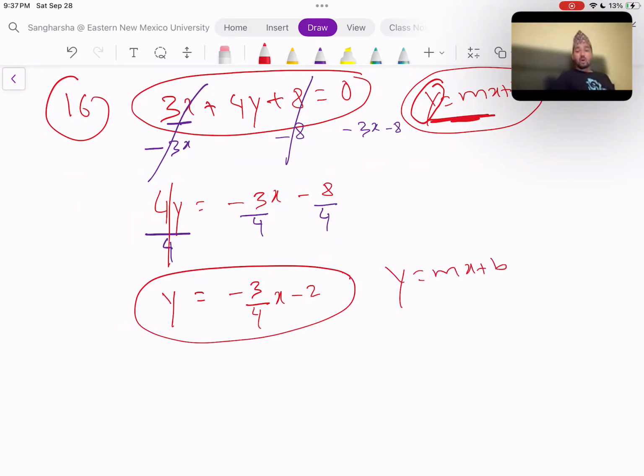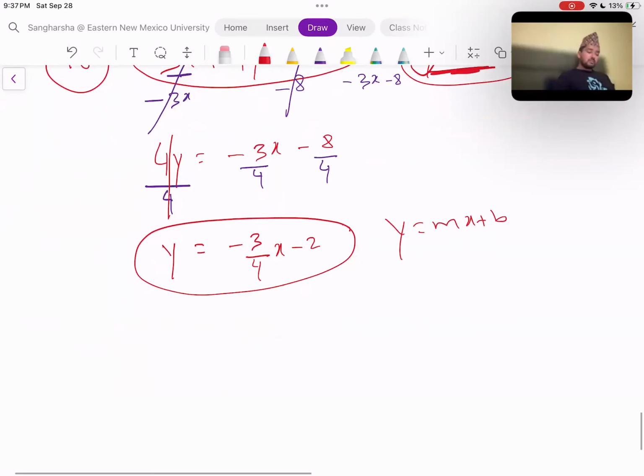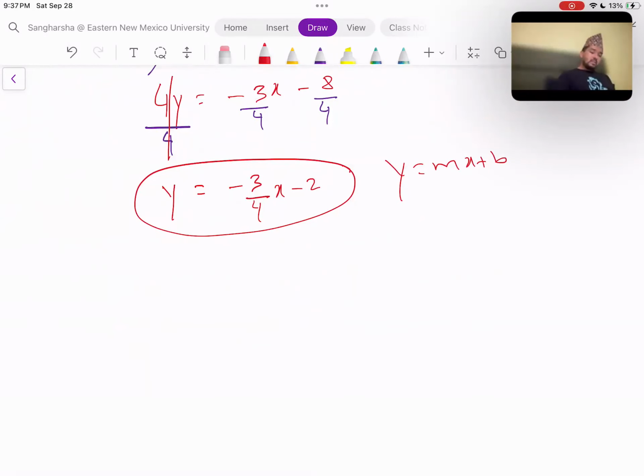Okay, so this is one part. And next part, you are asked to graph this line. In order to graph, you can use slope and b. So your slope is negative 3 over 4. This is the slope, and this is your b. You can graph this line using slope and b.